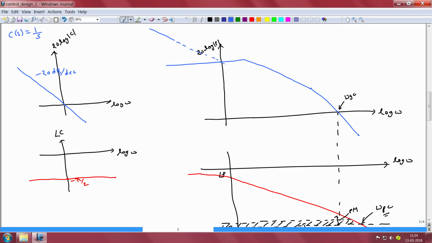So, in the low frequency region, we have this integrator characteristic resulting in this increasing magnitude characteristic with reducing frequency, and then the new characteristic will have the same gain as that of the plant at log omega equal to 0, or in other words at omega equal to 1, and then beyond that the gain of the controller has become less than 0 dB.